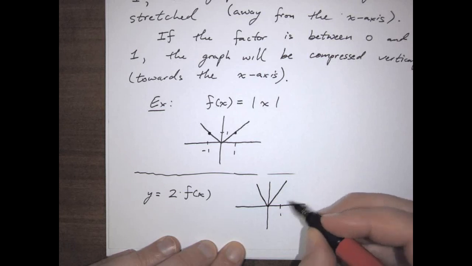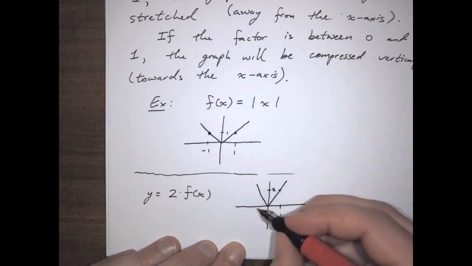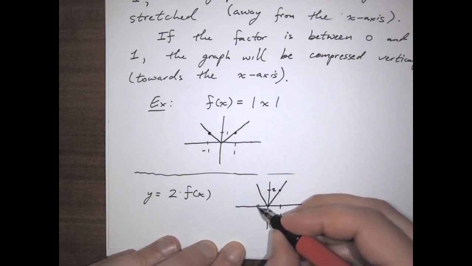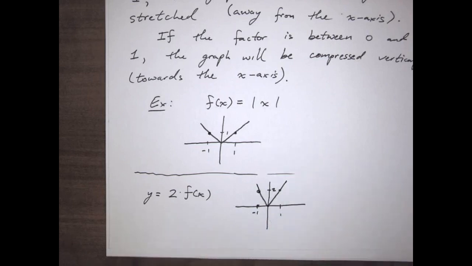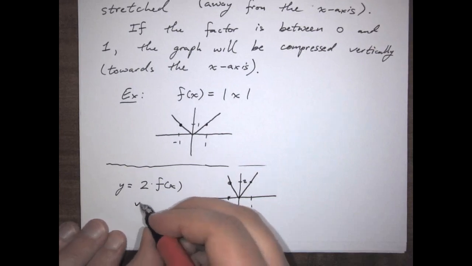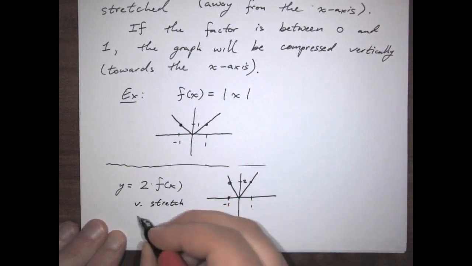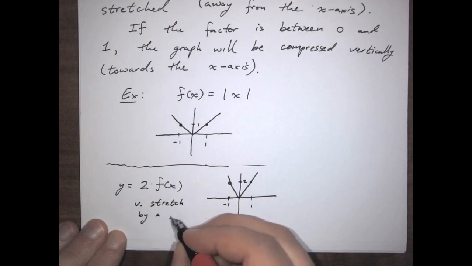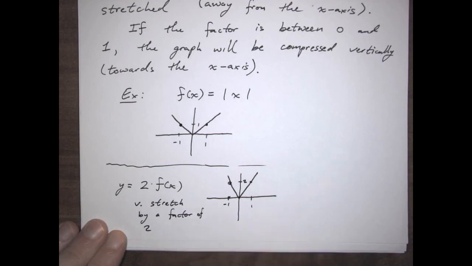So now if this is 1, then up here, that would be now 2. If that's negative 1, then that'll be also at 2. So this is a vertical stretch by a factor of 2.